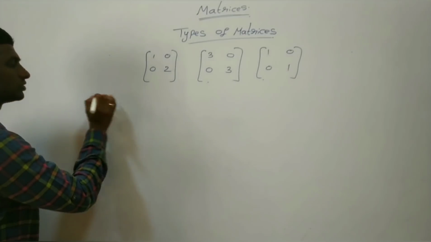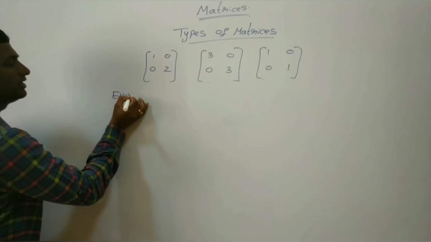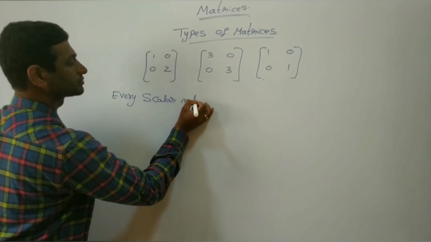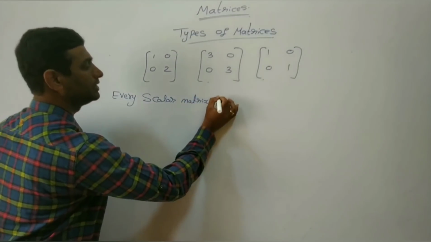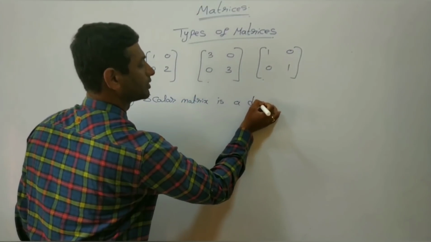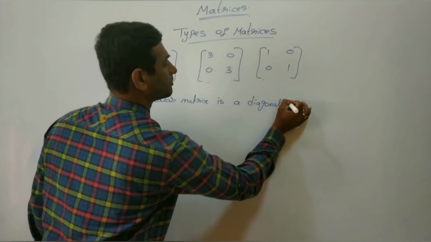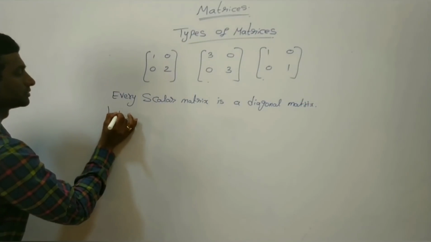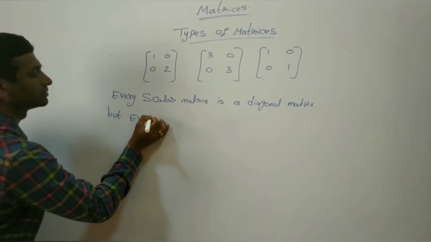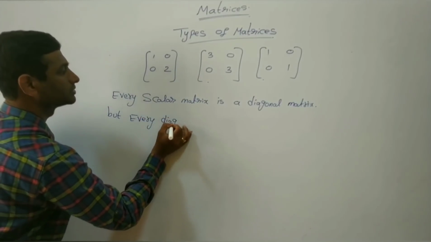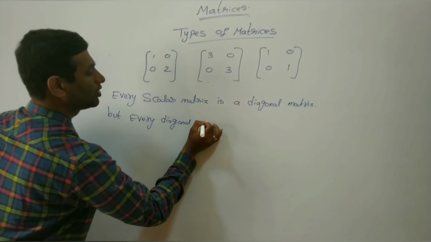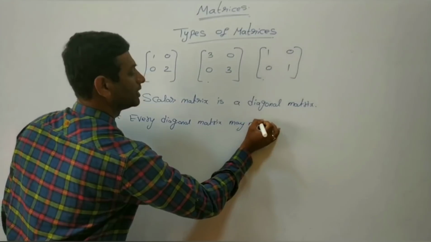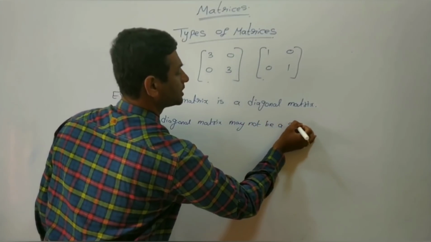So what we can conclude is every scalar matrix is a diagonal matrix, but every diagonal matrix may not be a scalar matrix.